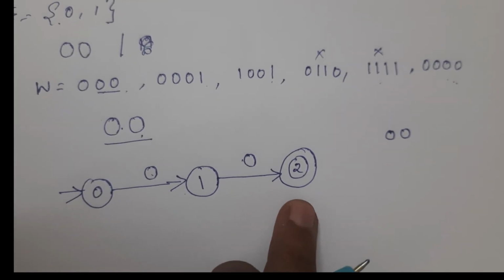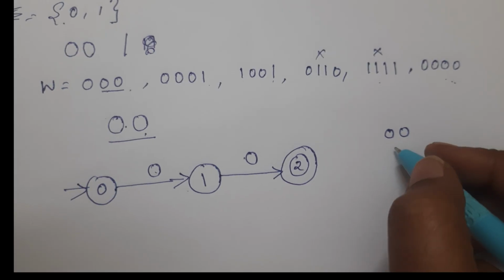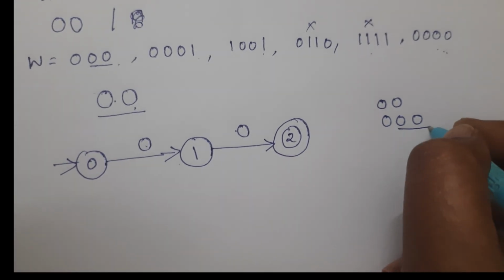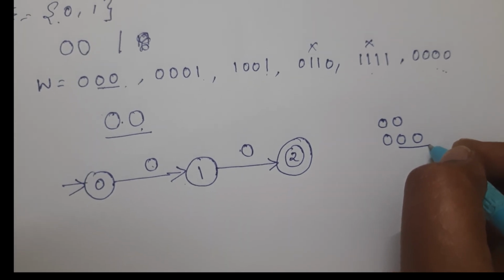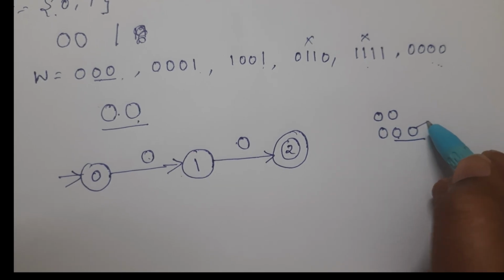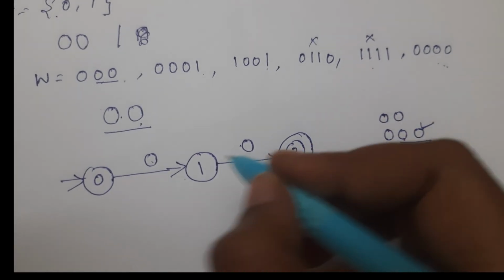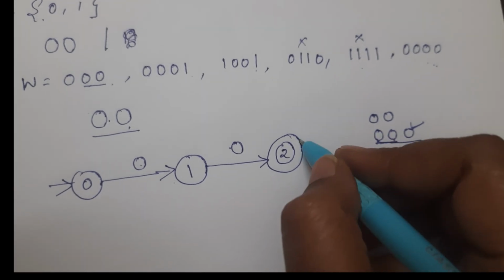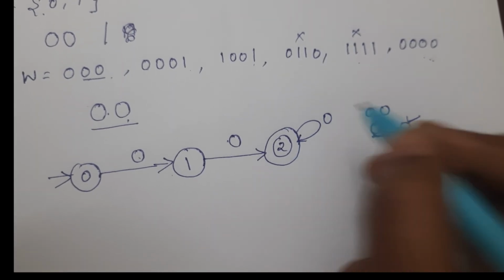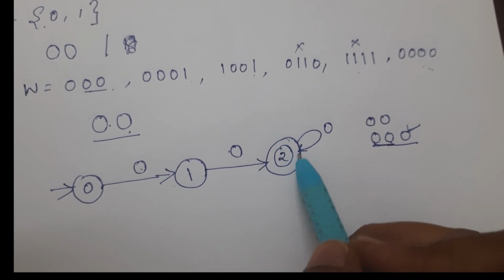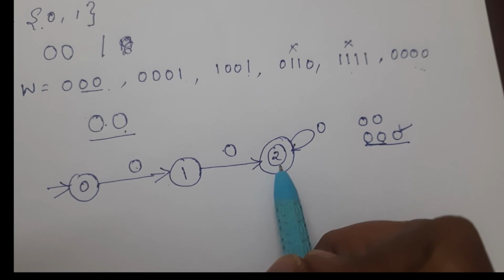But is that the only case? No, we might even have 0 0 0. Here also you have two consecutive zeros. When these two zeros are processed, we don't bother about the next 0, so my two zeros are satisfied here. I'll make a self loop here. After the first 0 and second 0, you have come to the final state.